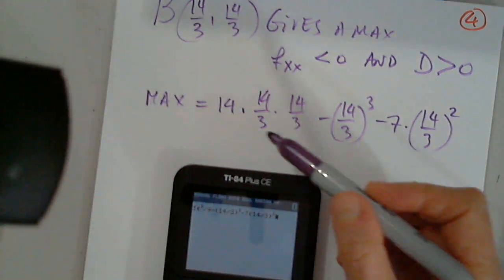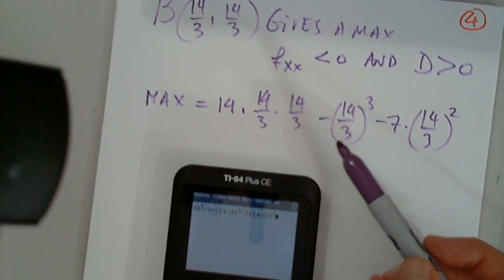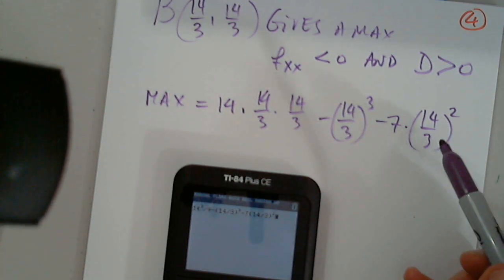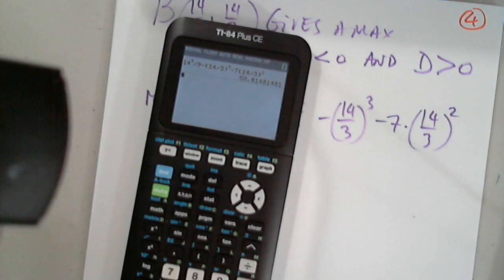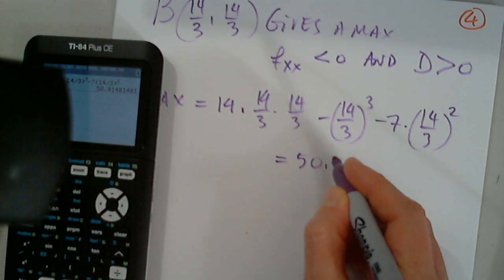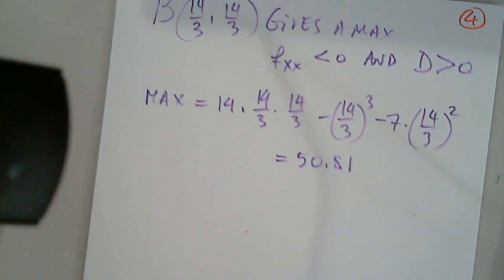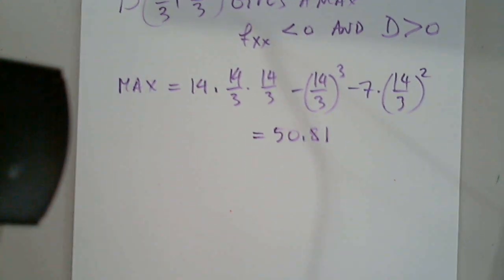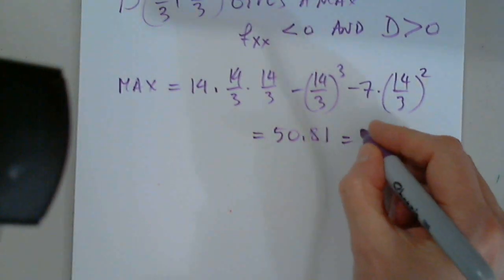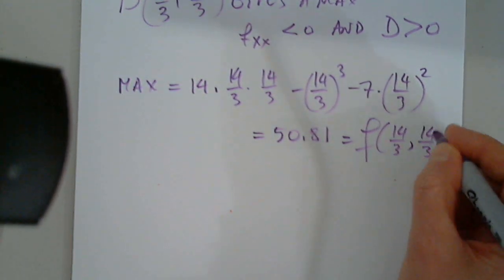I'm checking now, 14 cubed over 9, yes, minus 14 cubed over 3, yes, negative 7, yes. So I got approximately 50.81. They may not ask for the maximum, but I just wanted to show you how to determine it. So this is the function value at 14 over 3, 14 over 3.